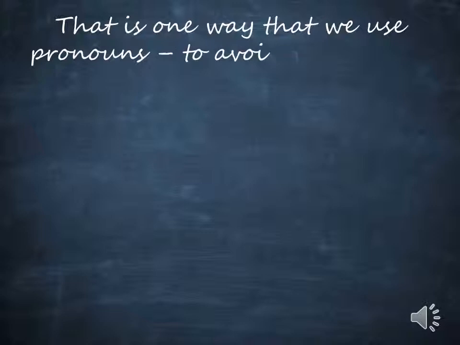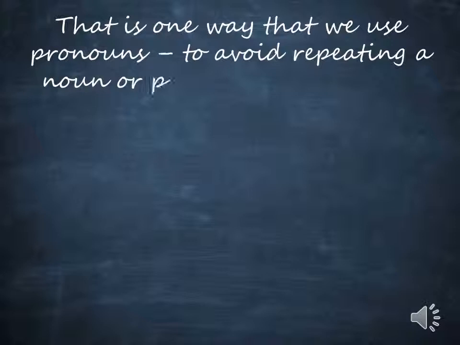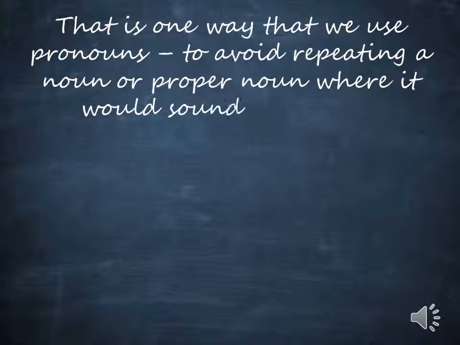So that's one way that we use pronouns, to avoid repeating a noun or a proper noun where it would sound a bit silly. So, Tony is a teacher, he teaches English and science. That sounds rather better.